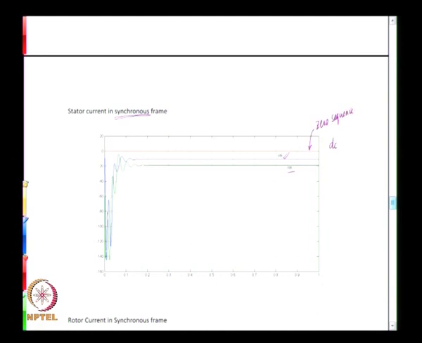So you have again time and current in ampere on the y axis. Now in this case both the currents IDS and IQS have settled down at a negative value. This will depend really upon where your reference frame is with respect to the stator current phasor.